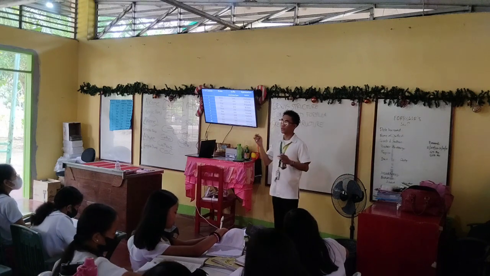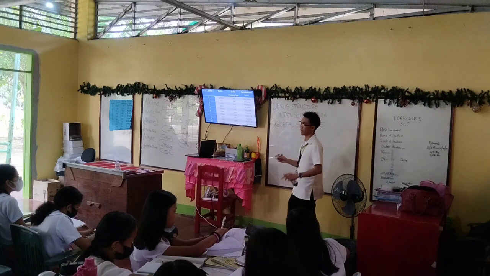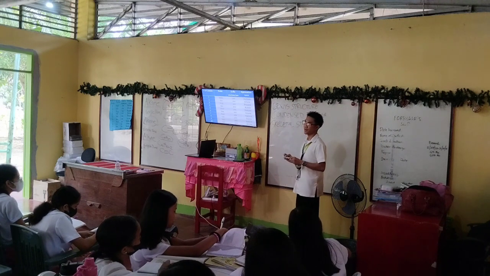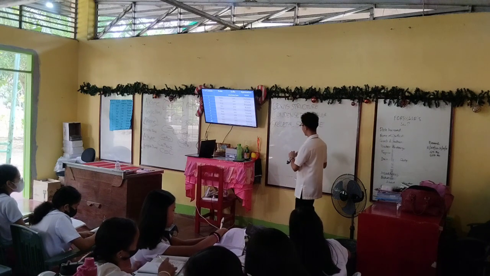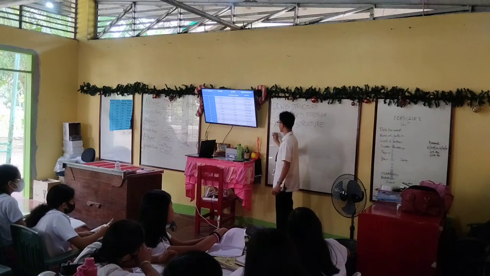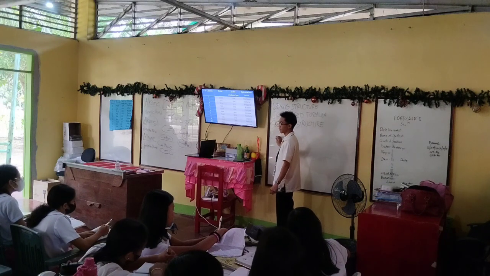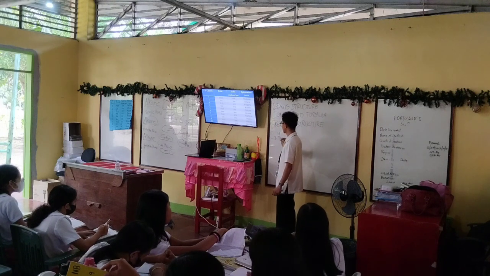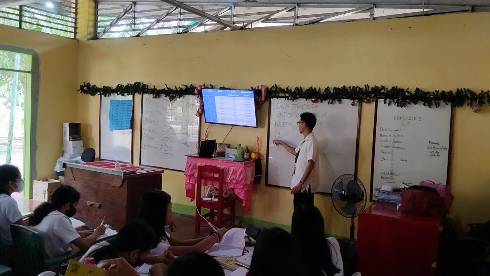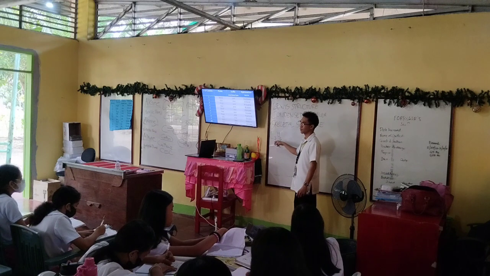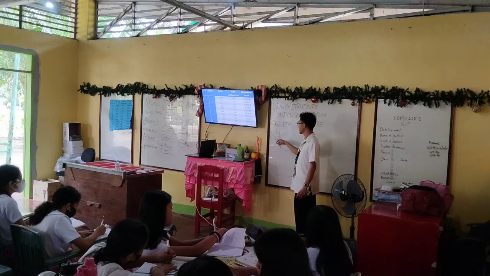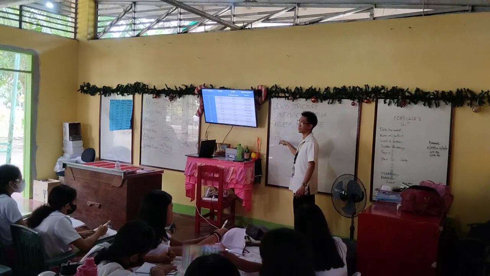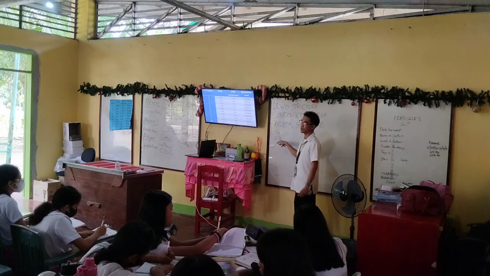Now, how do we draw this? Let me give an example of a hydrocarbon. For example, we have here ethane, C2H6. 2 times 2 plus 2, so 4 plus 2, 6.